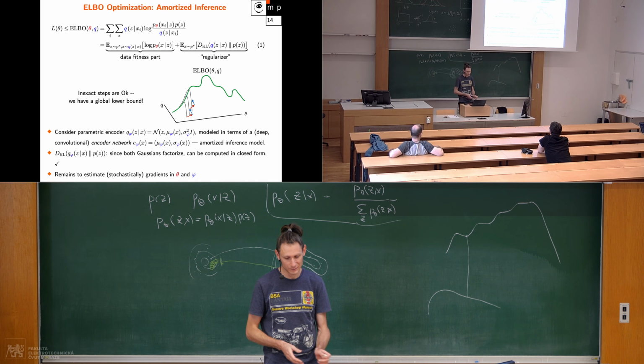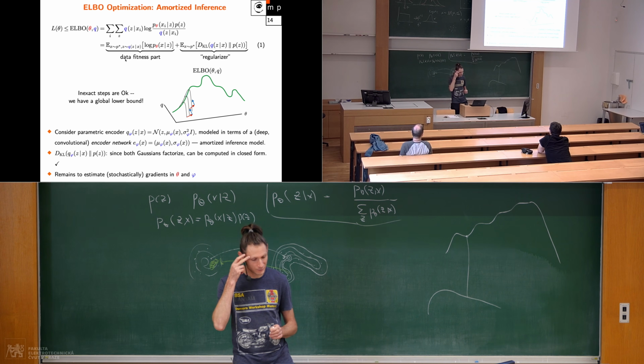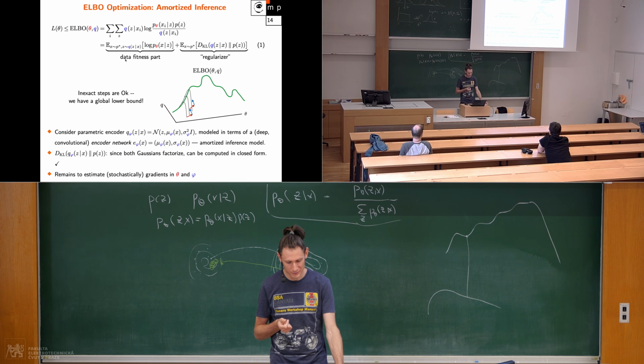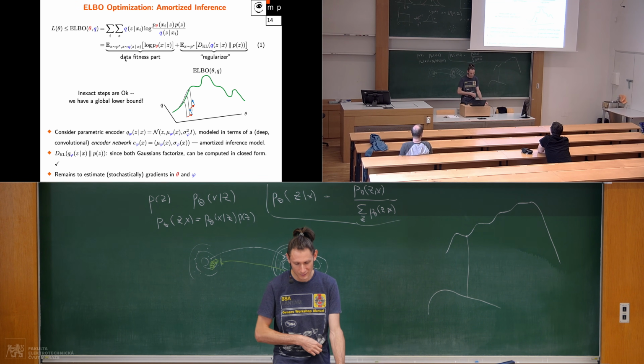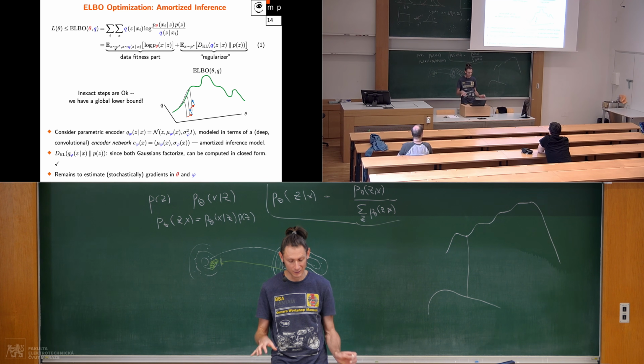But in fact, because we have this lower bound, we will jointly optimize it simultaneously in both decoder and encoder, with small stochastic gradient steps.